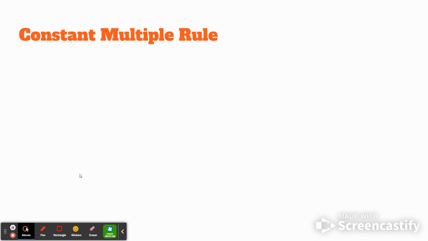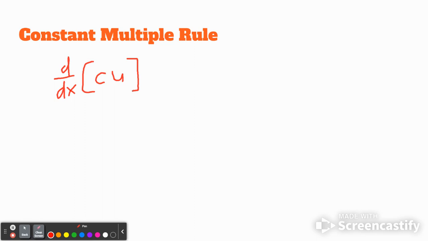Next up is the constant multiple rule, which states that if we have a function that looks like some constant c times some function u, the derivative of this function is of the form c times u prime, where u prime is the derivative of u.